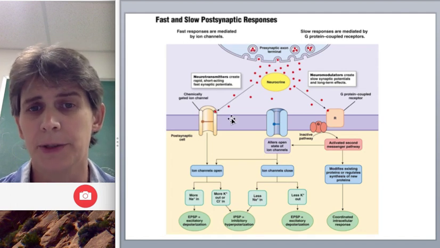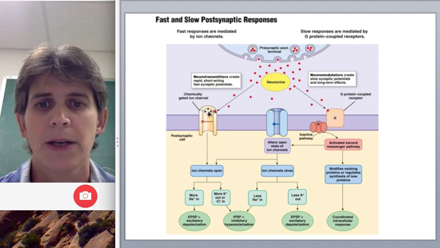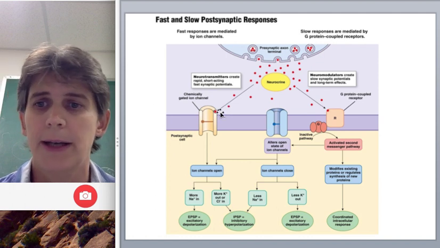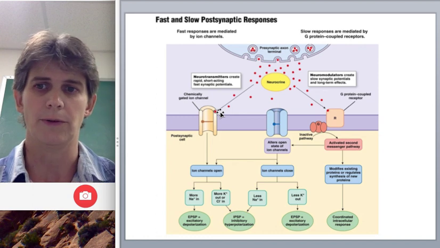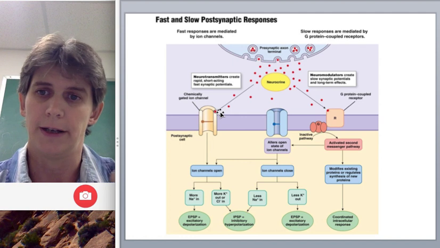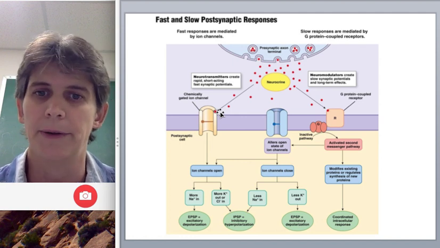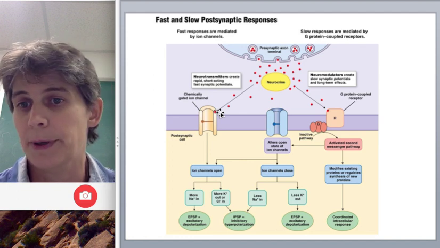A common option is what is sometimes called an ionotropic receptor, where the neurotransmitter binds to an ion channel. In other words, the receptor for the neurotransmitter is also an ion channel, and the ion channel changes conformation when it's bound by the neurotransmitter and opens.